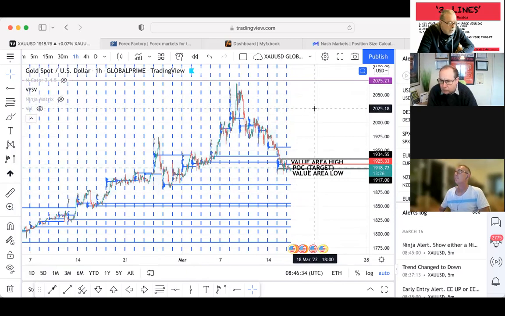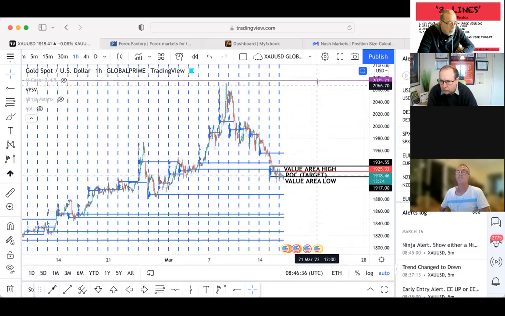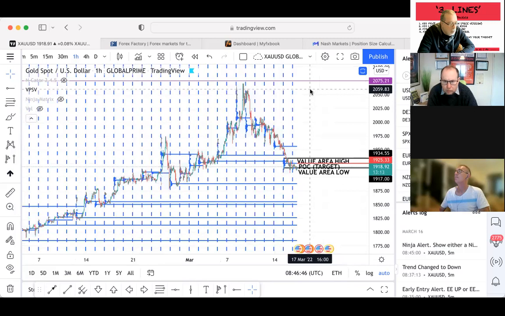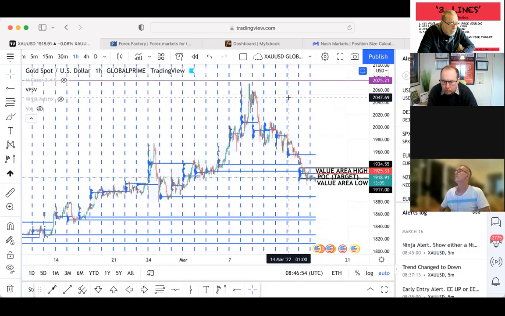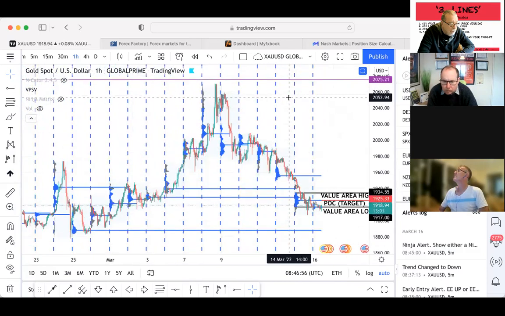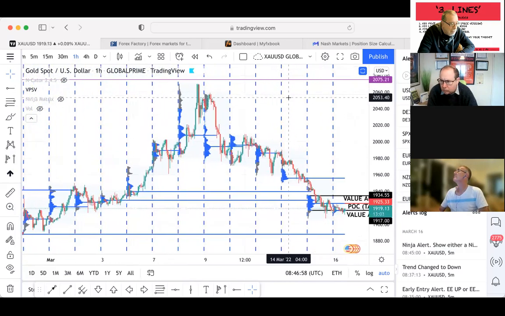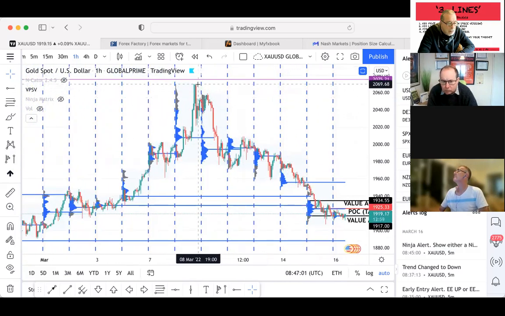Now, the other thing to stress is I've got a purple line up here, 2075.21. That is the previous highest high. That dates back to the 6th of August, 2020. Price has never been above that level. If we zoom in, we'll see that a few days ago, it almost made it. It got up to 2069.